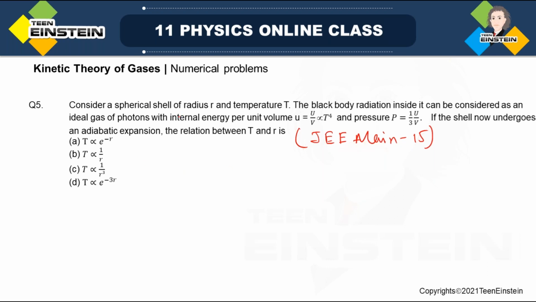So consider a spherical cell of radius r. A spherical cell means you have a sphere like this, actually two hollow spheres, and this region in between is called the spherical cell.